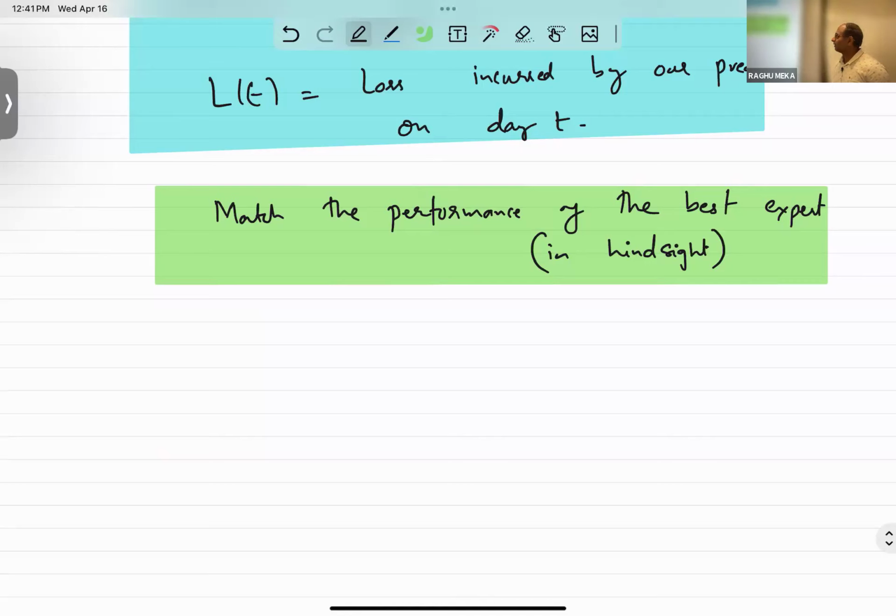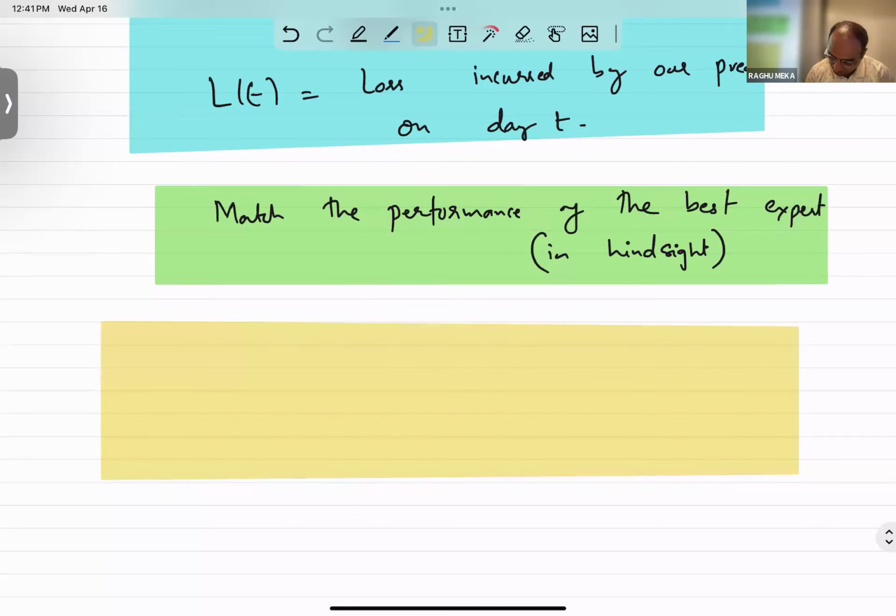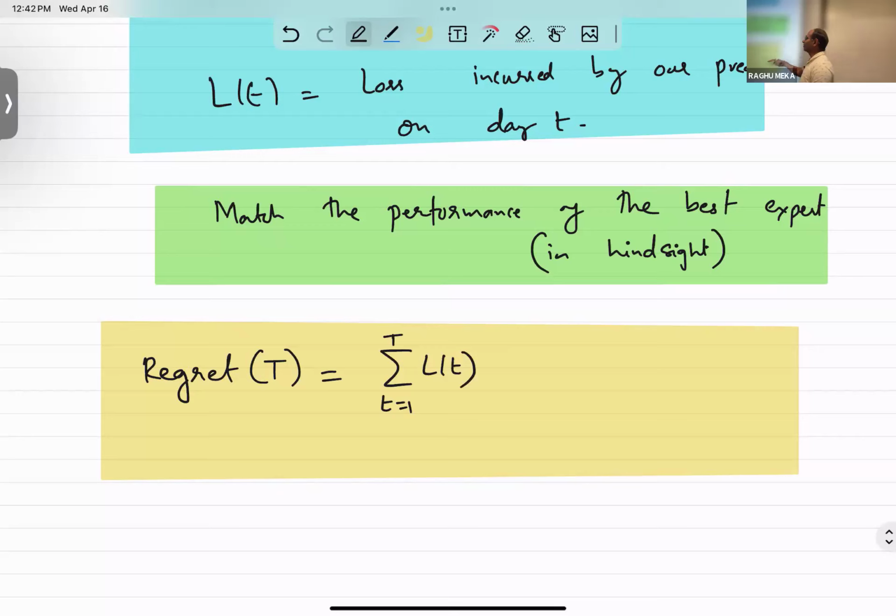All right. So the way to exactly define it is the following. We quantify matching the performance of the best expert through what's called regret. Okay. So the total regret at time t is the loss that I incur so far, over all of the first t days.